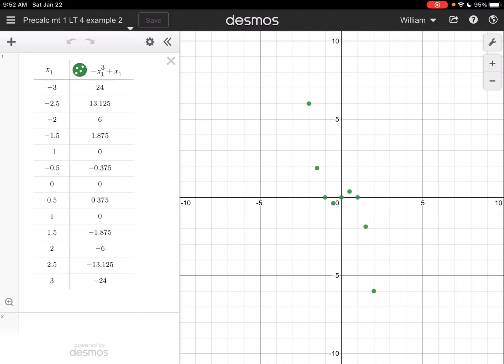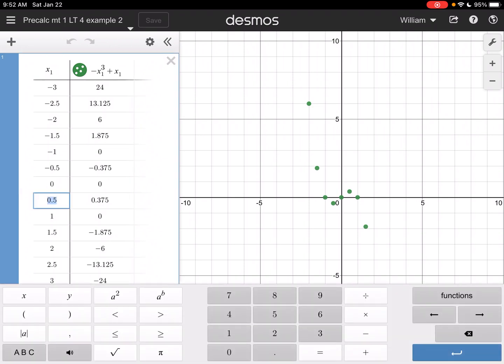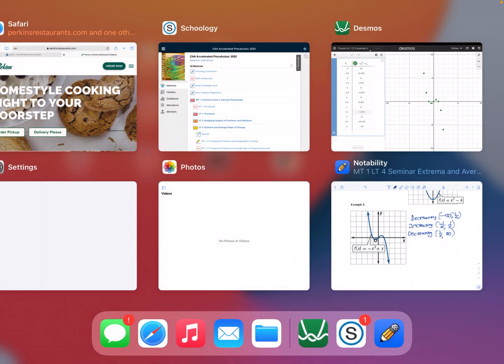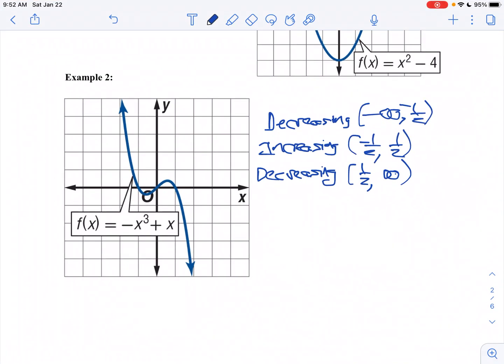So negative 1/2 was a good guess. And then it starts at negative 3.75, then it goes up to 3.75, then it starts falling again. So it's increasing from negative 1/2 to positive 1/2. We can see that. And then it starts falling again. And so, in other words, we notice our table supported a graph. When you do this in work, you just draw your table out and copy the table down into your notebook.